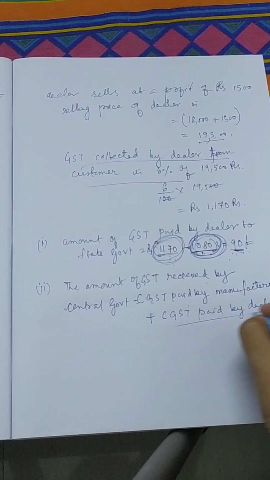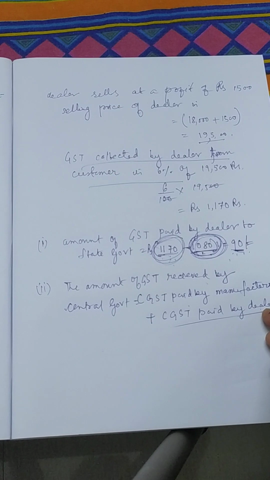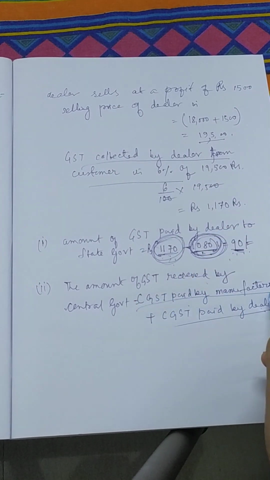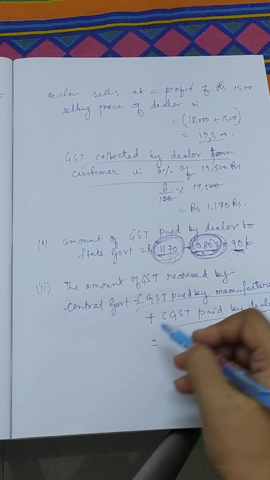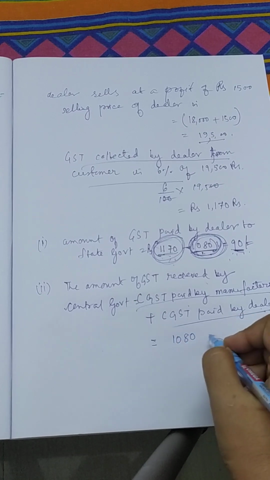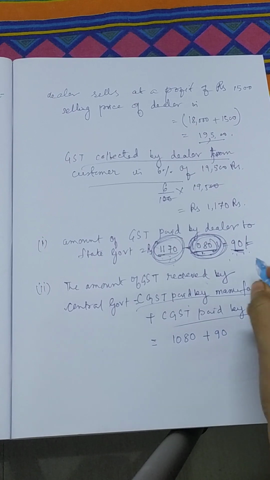Because this part, what amount does the dealer pay? The amount that we pay to the dealer. This part is CGST paid by the dealer. Okay. So CGST paid by the manufacturer, we have just found, which is rupees 1080 plus rupees 90.